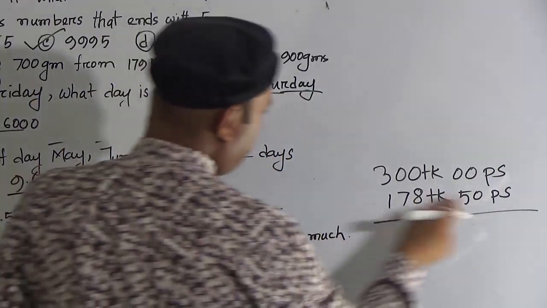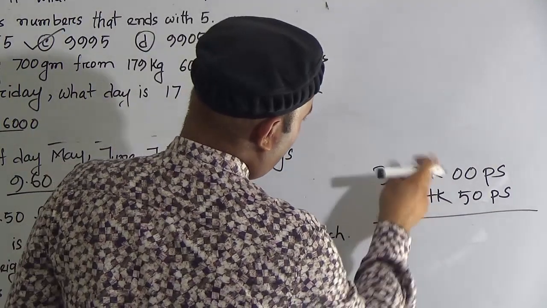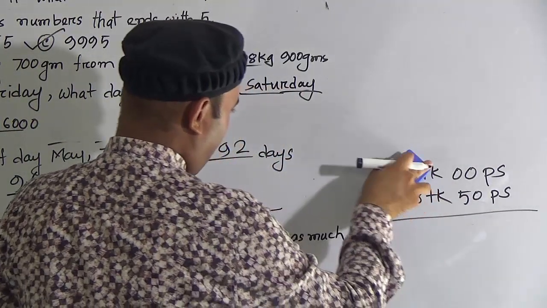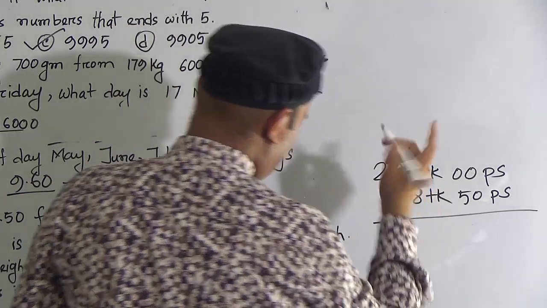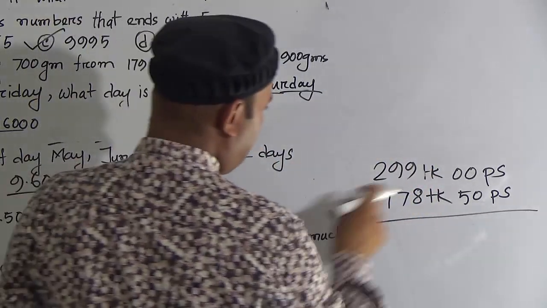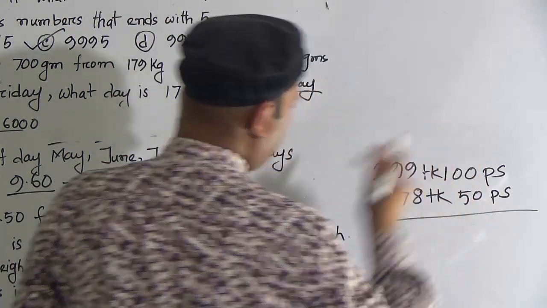We have to subtract this one. Now at the place of 300 we can write 299 after taking 1 taka, and after taking 1 taka it will be 100 paisas.